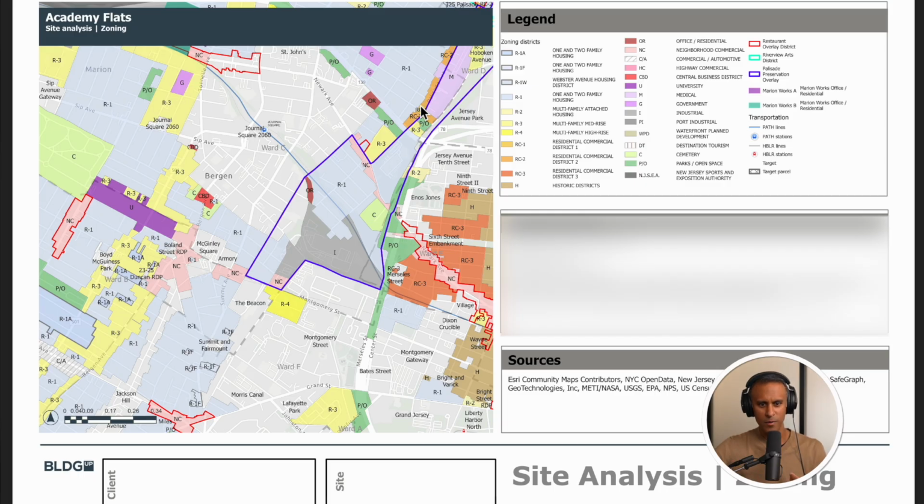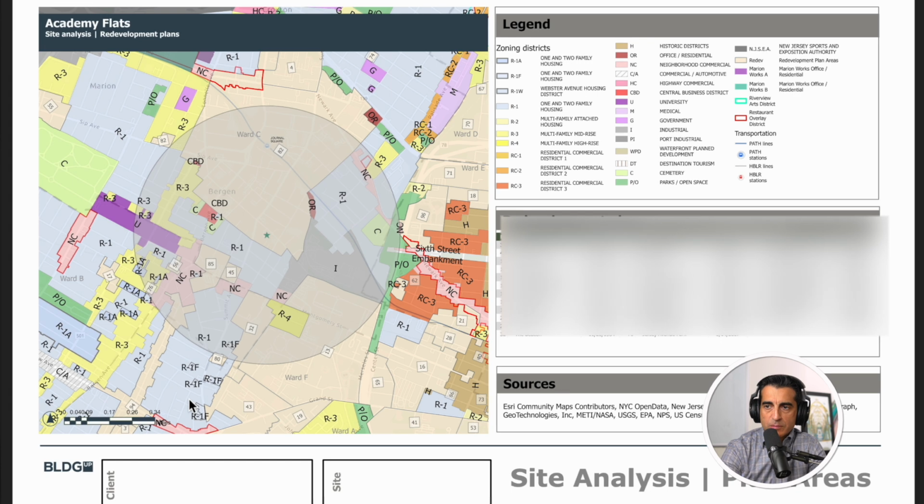So this site made sense. It was a good fit for the type of sites that we like to develop, and very conducive to multi-unit, multifamily developments. Now, this site just happened to fall in a redevelopment zone, which means that at some point the area was deemed blighted, and the city created a redevelopment plan for the area.